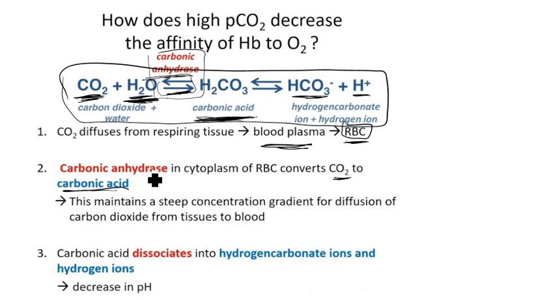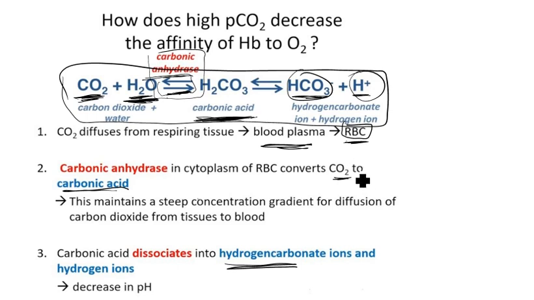The carbonic anhydrase is within the cytoplasm, and this will convert the CO2 to carbonic acid. Now this carbonic acid will dissociate to form hydrogen carbonate ions and hydrogen ions. You can see these two results here.